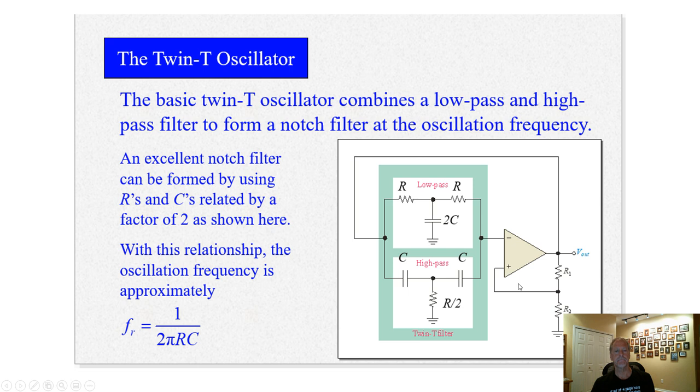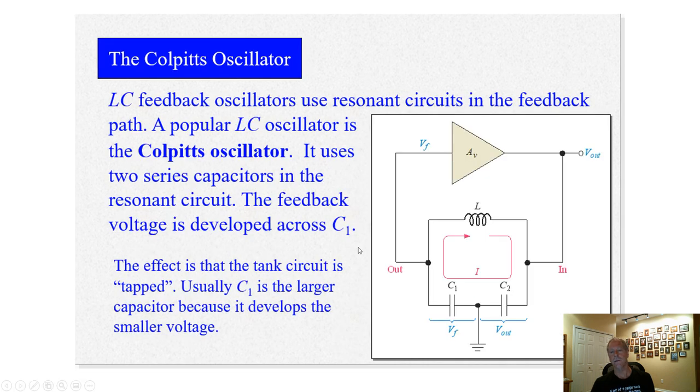Colpitts oscillator. Here's another one. This one uses an inductor and a couple of capacitors. Now, this oscillator and a couple more that we're going to see here use these inductors. These are often designed on a substrate, PC board substrate, so they may or may not be real oscillators.